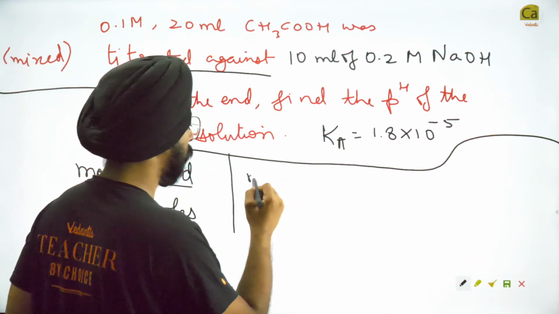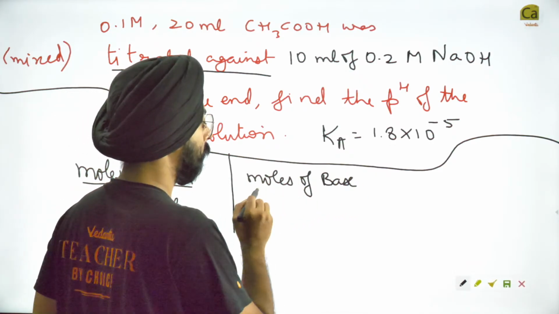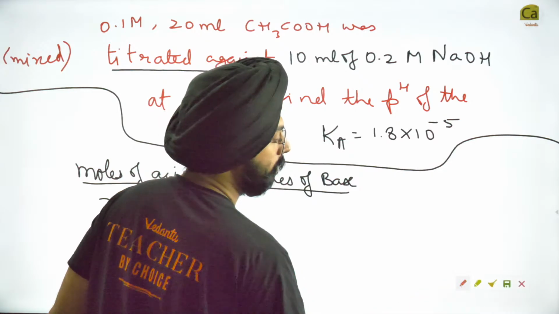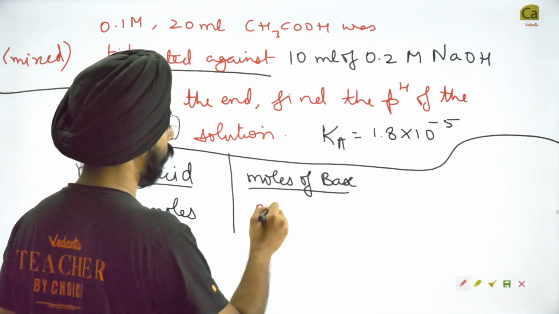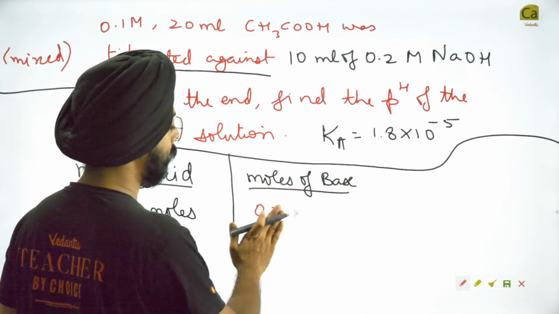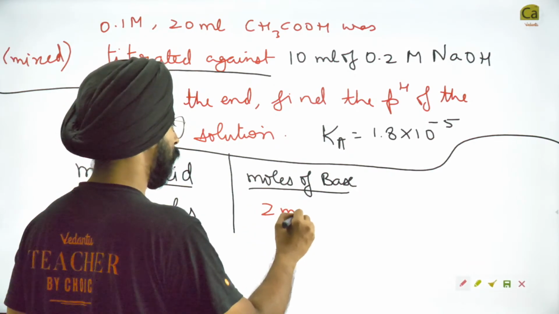On the other hand, how many moles of base do we have? We've got 0.2 into 10, which is again the same: 2 millimoles.